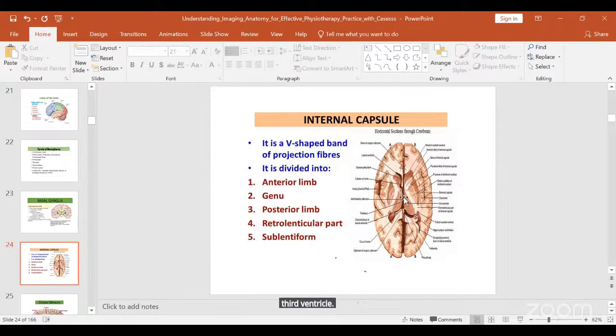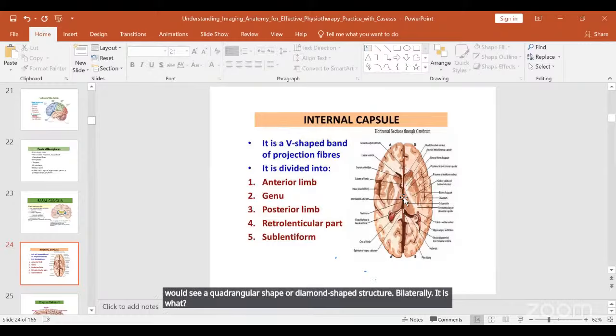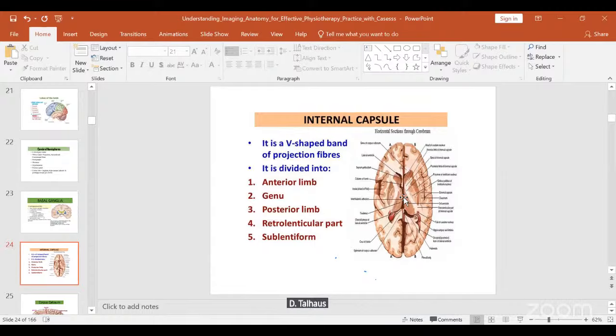The third ventricle, anatomically, we know is a narrow slit, a CSF pouch. So immediately lateral to it, we would see a quadrangular or diamond shaped structure bilaterally. It is what? The thalamus.